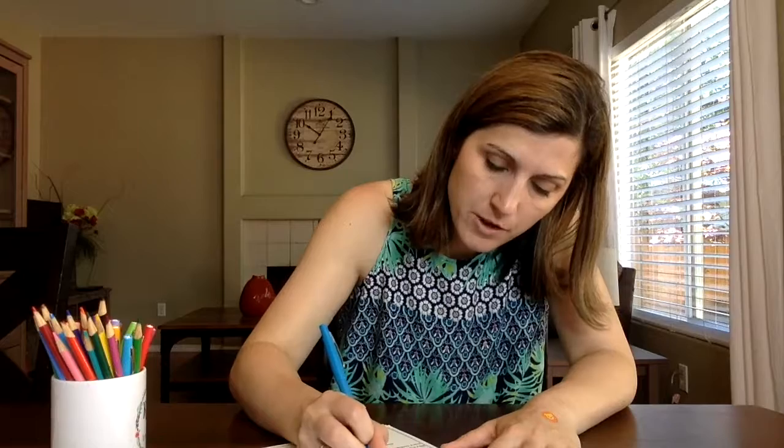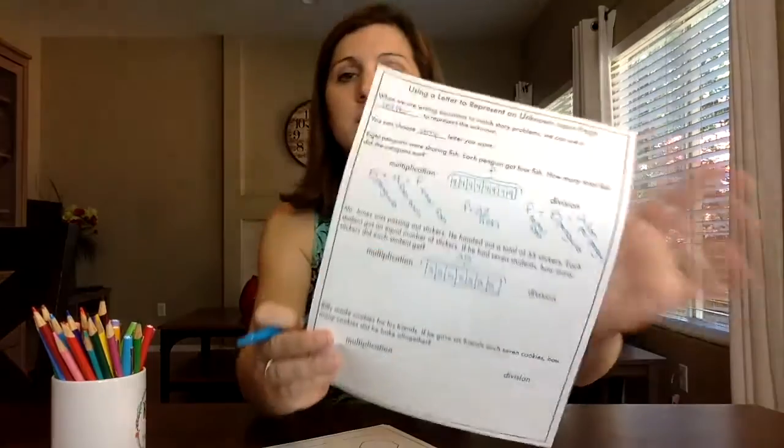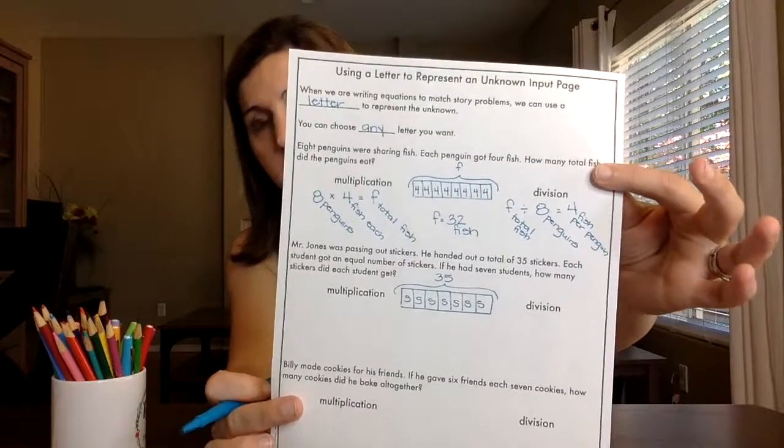That's what I'm trying to solve. So I'm going to put an S in each box for stickers. It doesn't have to be. It can be the first letter of your name. It can be any letter. It can be Z if you feel like Z isn't used enough. All right, and then my total, I do know, is 35. Okay, so that's my model that I'm going to work with.